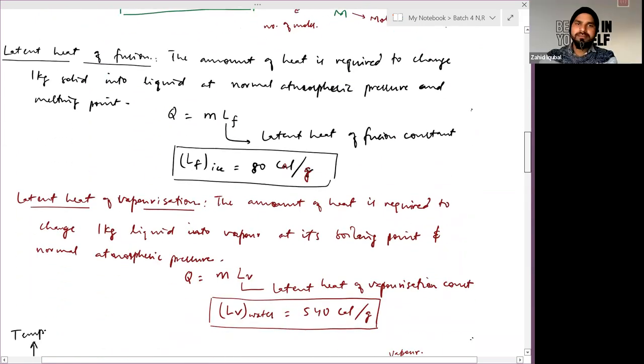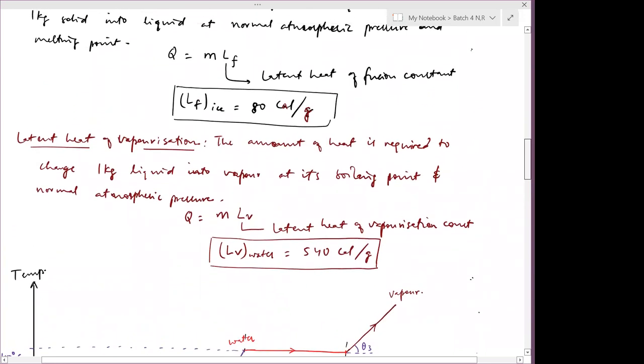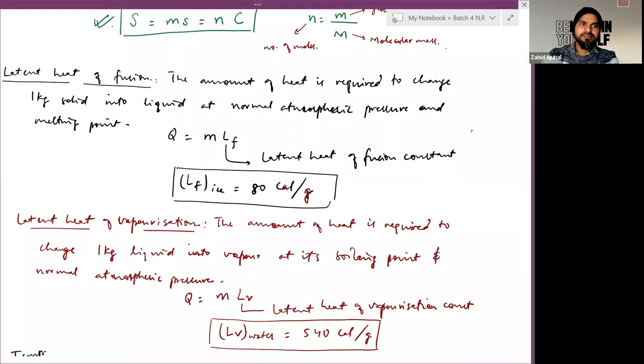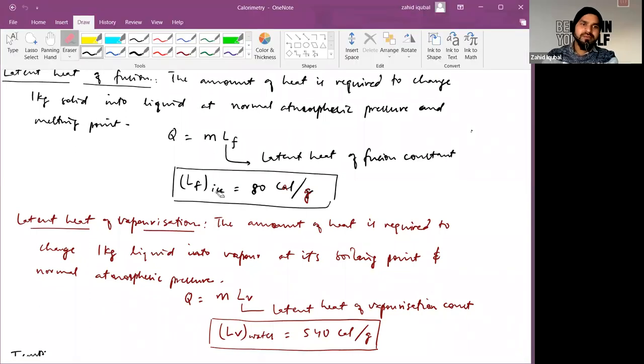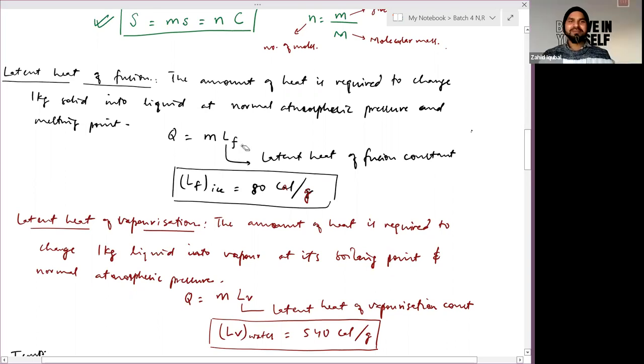Yes, so the formula for latent heat, Q is equal to M into L. You don't need to know how it is derived.